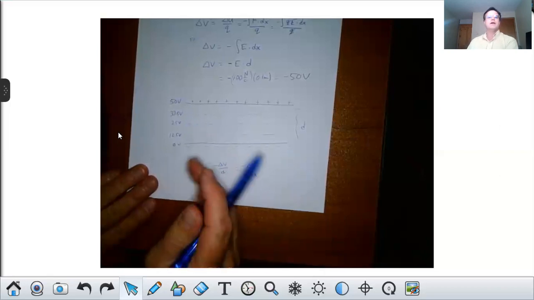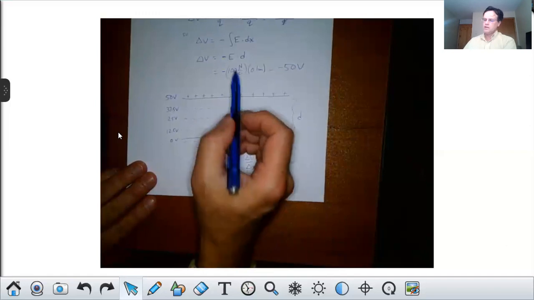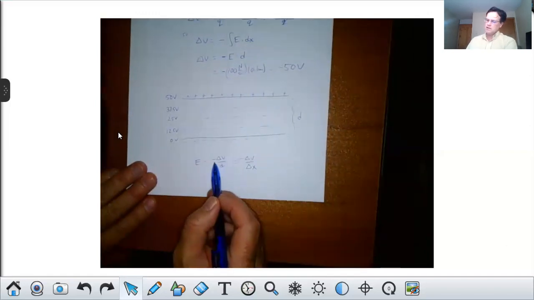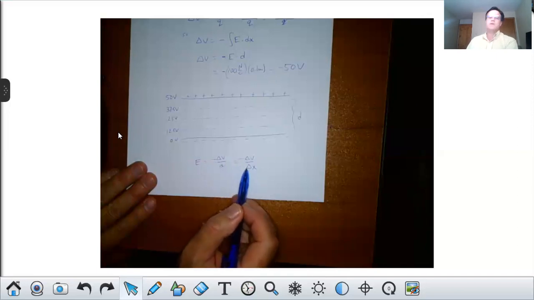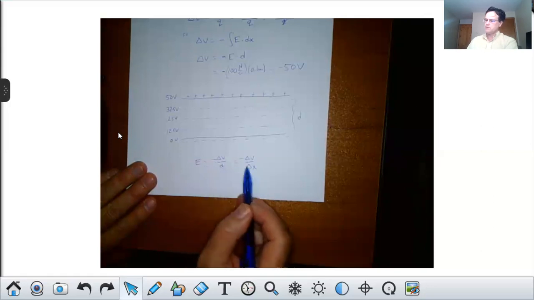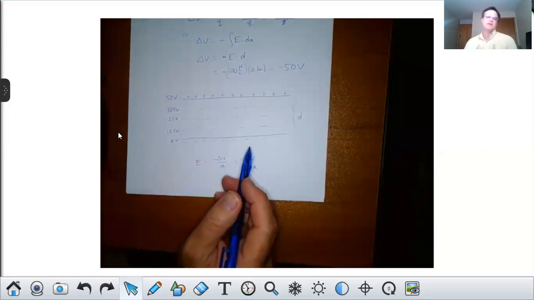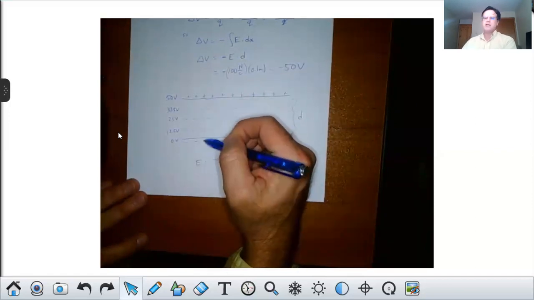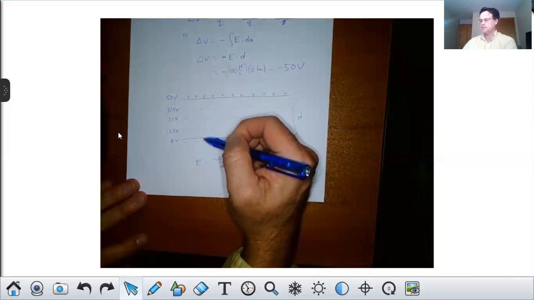And this actually is really just this relation. I can rearrange this and say my electric field is the negative change in voltage over the distance, or negative delta V over delta x. Electric field is the negative slope of the voltage, how fast it's changing. The faster the voltage changes, the bigger the electric field.